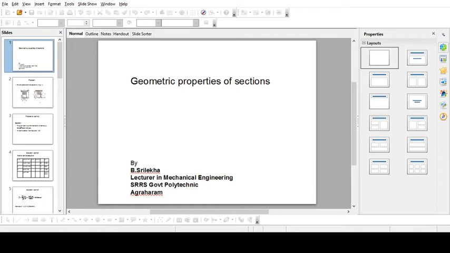Next, the area of the triangle is half BH, nothing but half into 30 into 15, so it is simply 225 mm square. Now for this, the x term is 2b by 3, so it is 40.